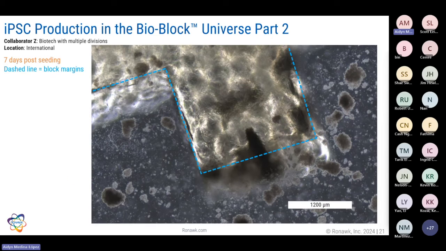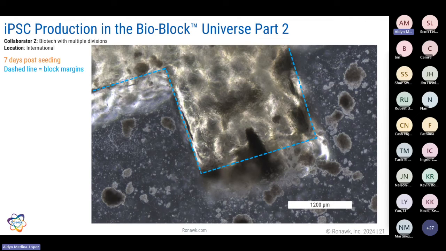So another collaborator, Biotech with Multiple Divisions, also an international organization, cultured the cells in the blocks. In this case, we were able to get images 7 days post, and the same behavior was observed, where the cells started to aggregate, and by day 4 to 7, those aggregates started to get expelled from the bioblock.